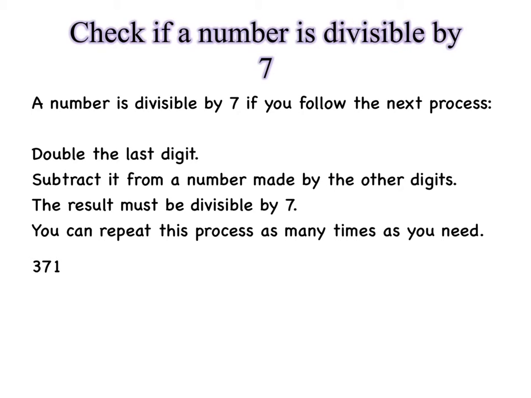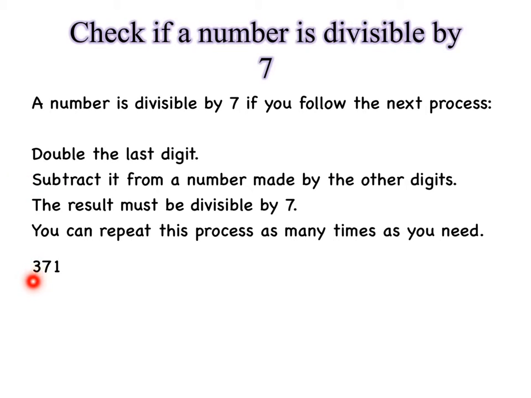I'm going to take the number 371. Now, if I follow my steps, then it says double the last digit. So I'm going to take the 1 and I'm going to times it by 2. I then need to subtract it from a number made by the other digits.